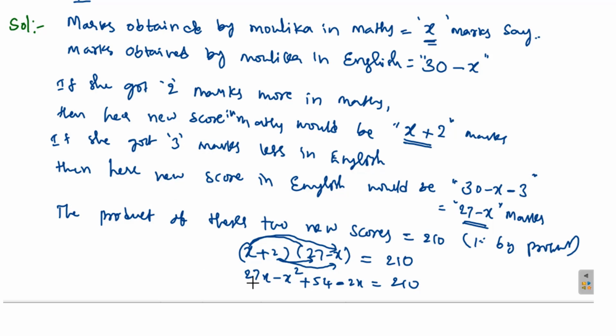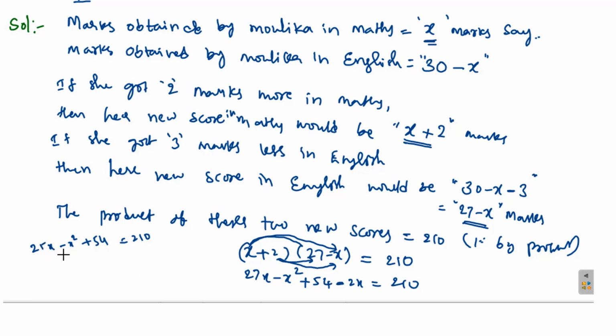Now again by simplifying on the left hand side, 27x and minus 2x are like terms, so we can subtract these two. 27x minus 2x we get 25x, and next we have minus x square and plus 54 equals 210.